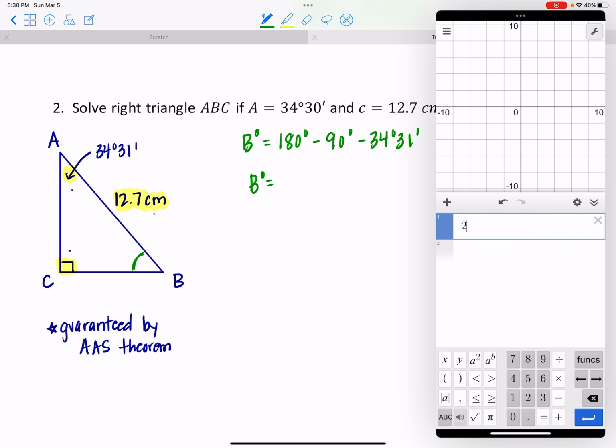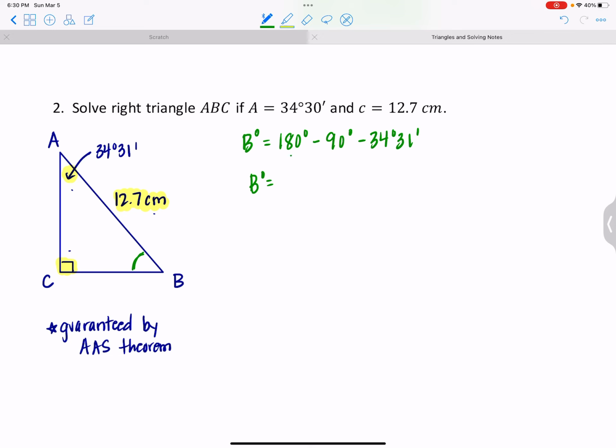I have 180, subtract out the 90, and subtract out the 34, so ignore the minutes for just a minute. We end up with 56 degrees. But I still have to subtract from that the 31 minutes.